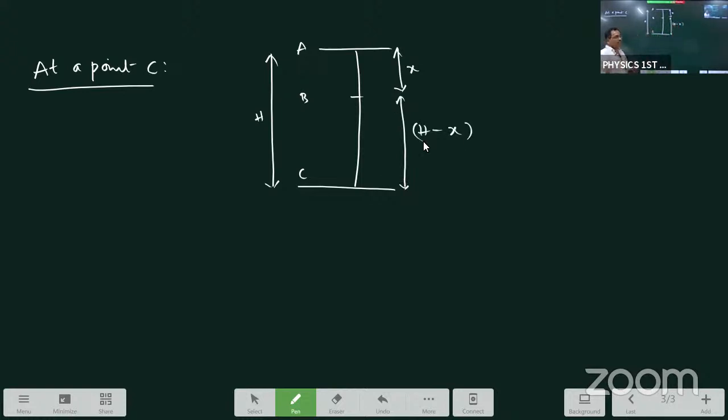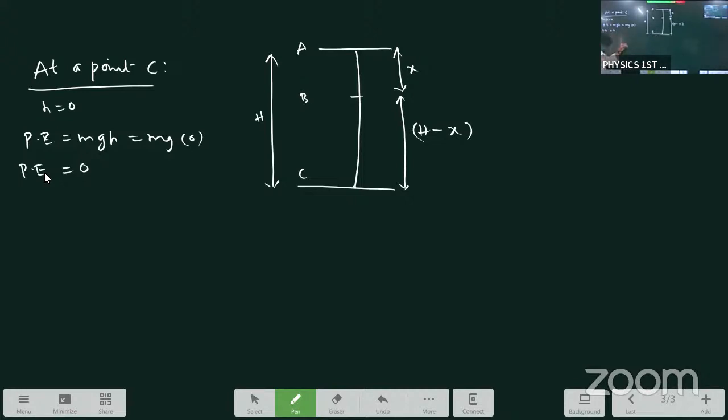Now we have to discuss total energy at point C. At this point we have to find total energy, meaning kinetic energy and potential energy. So first, potential energy. Height at point C is 0. So potential energy is mgh, that is mg times 0. The total is 0. At point C, potential energy is 0.